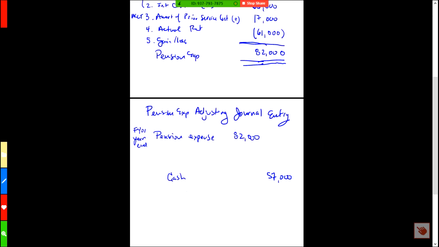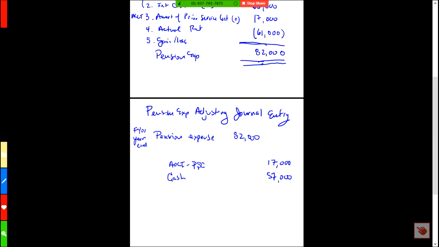Amortization of prior service costs. Now, there's no account called amortization, but what amortization means is a reduction in the OCI prior service cost. So we'll say AOCI prior service costs, 17,000.